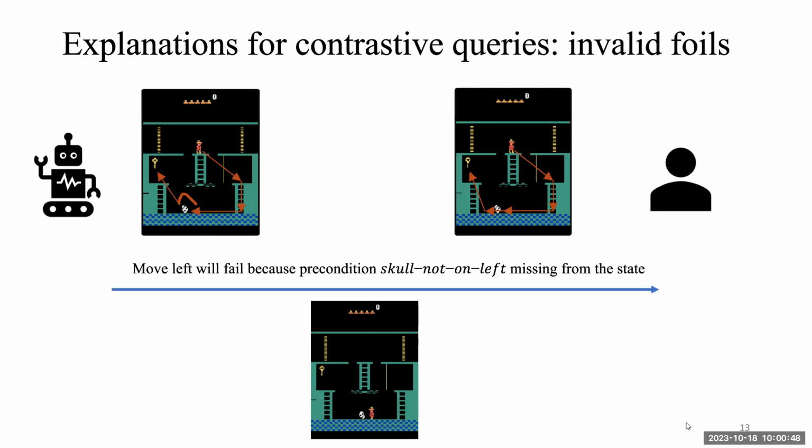And the user said, why don't you take the action move left, that is go through the skull. That's when the agent can say that move left will fail because the precondition skull not on left is missing. What this basically means is that the skull not being on left is required for the agent to go left. Otherwise, the agent will die, and that is a safety constraint, as the game gets over. So that is why this action move left is an invalid move.